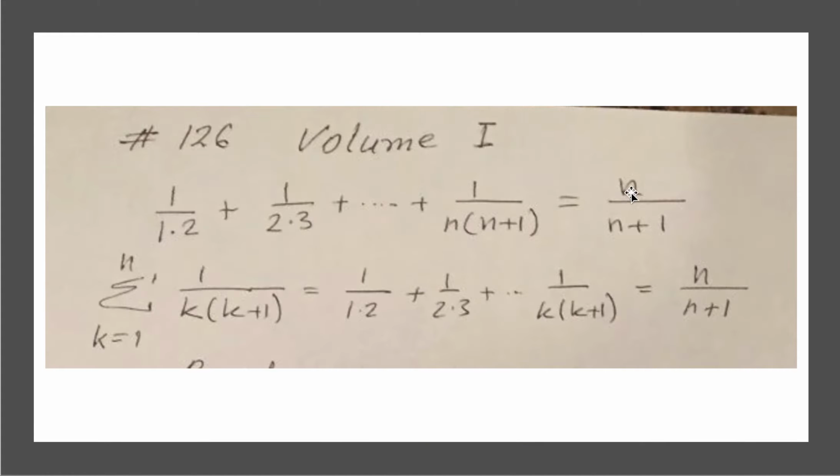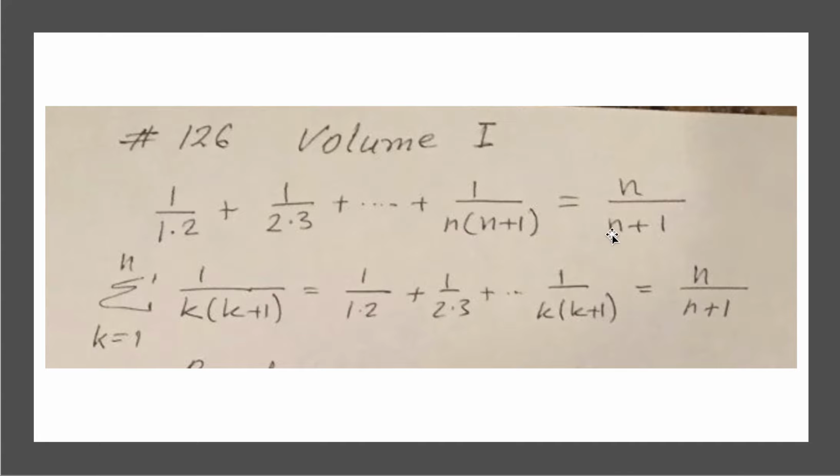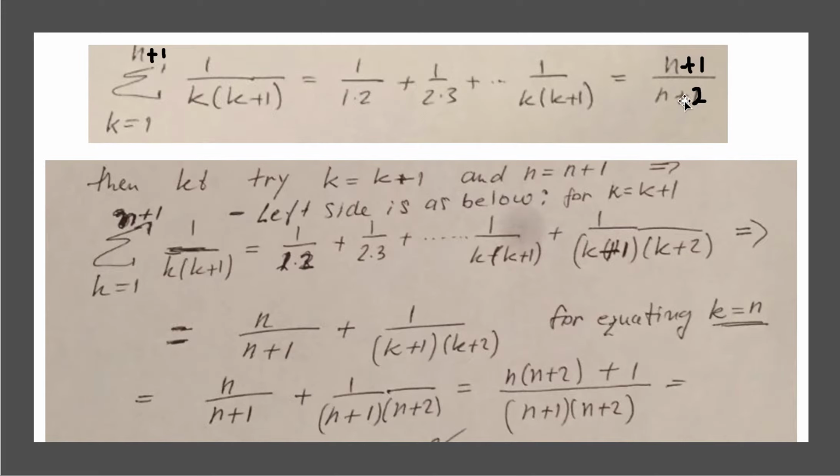Here, instead of n, we are plugging in n plus 1, so we have n plus 1 here, and down here we have n plus 1 plus 1, which is n plus 2. But we want to prove: does this hold when k is k plus 1 and n is n plus 1?